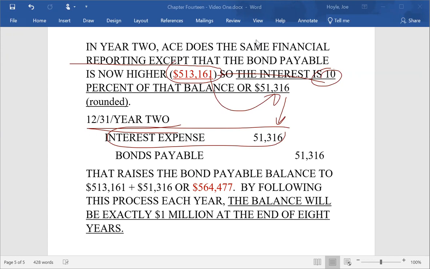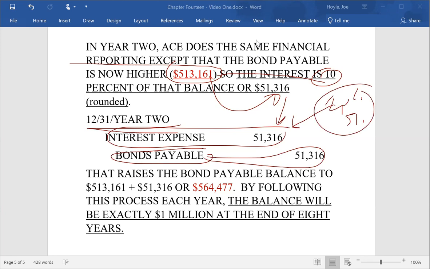If I don't pay the cash interest right now, I've got to compound it. You know what compounding means. It means that amount was added to the debt account, added to the bond payable at $51,316. The $51,316 interest expense is the number that you will find on the income statement. Because you've compounded the interest, the bond payable will move up again.